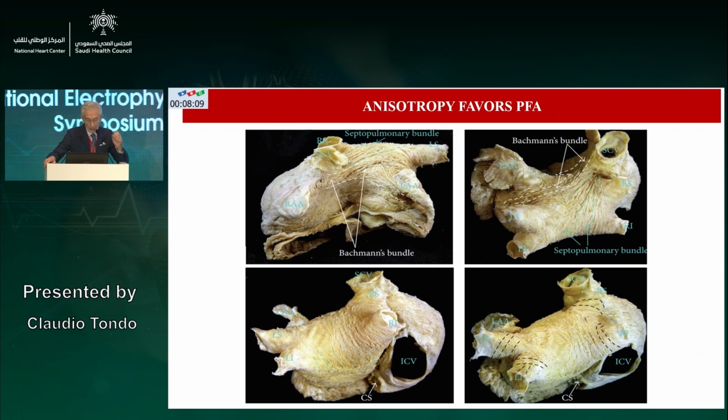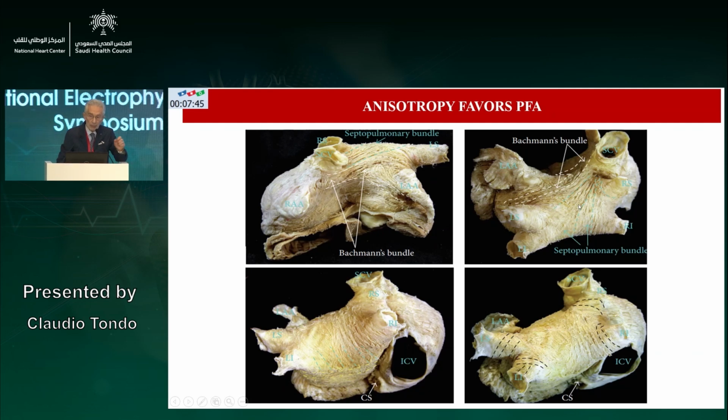What does it mean? Well, this is the gross anatomy from a human heart, and it's really nice to see again the complexity of fiber orientation of the posterior wall that goes into the pulmonary veins. And again, I mentioned at the very beginning of my presentation the same embryological origin of these two structures.